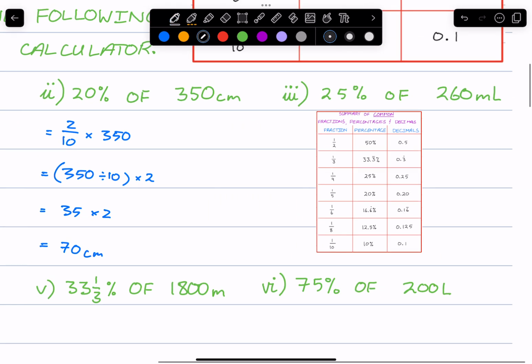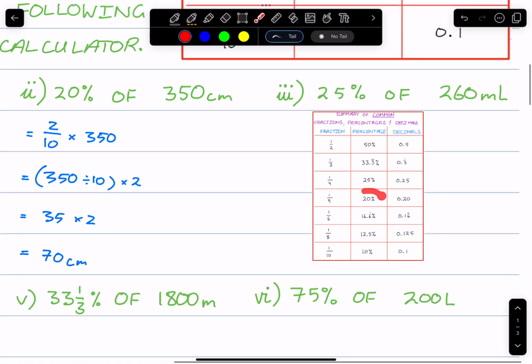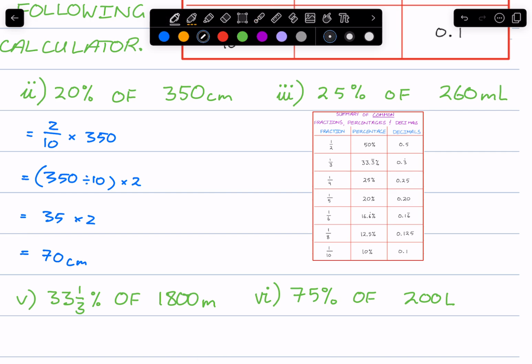Now doing this as 1/5 this time. If you notice that this is actually the same as 1/5, we can make this 1/5 times 350, which is equivalent to dividing by 5, since this is the denominator.